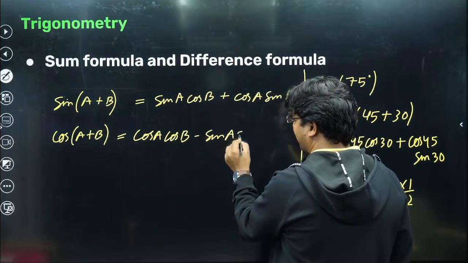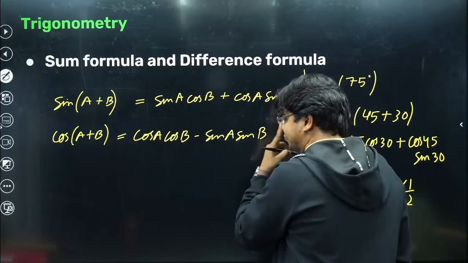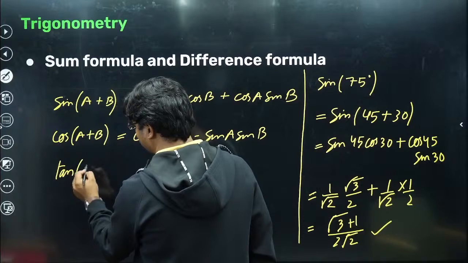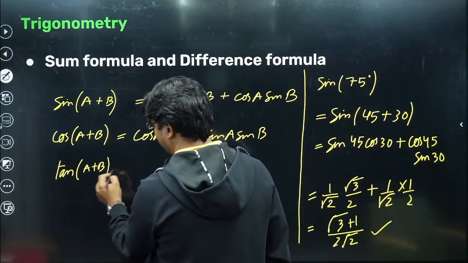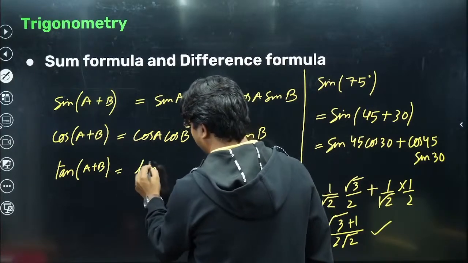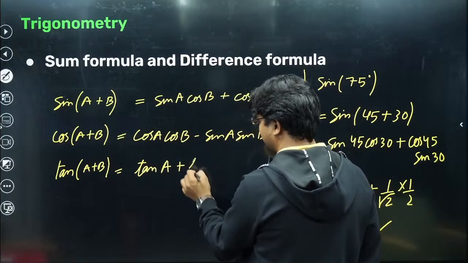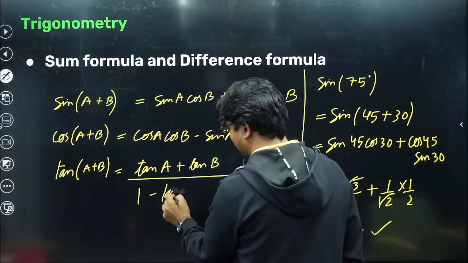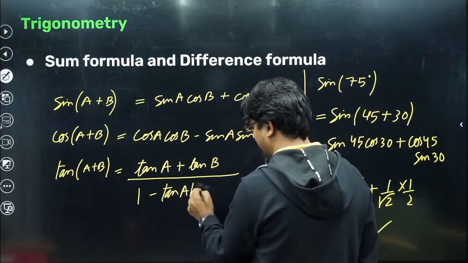And then we also have a formula for tan A plus B, and this formula is tan A plus tan B upon 1 minus tan A tan B.